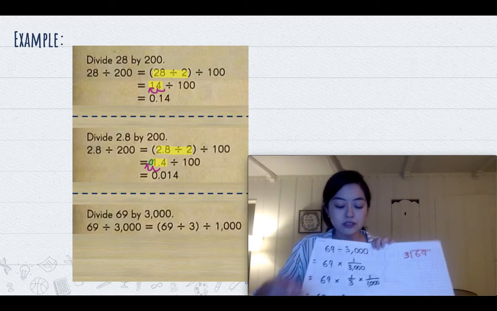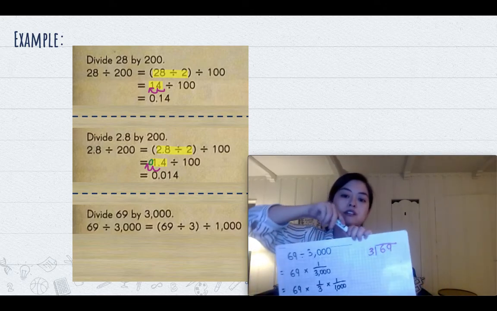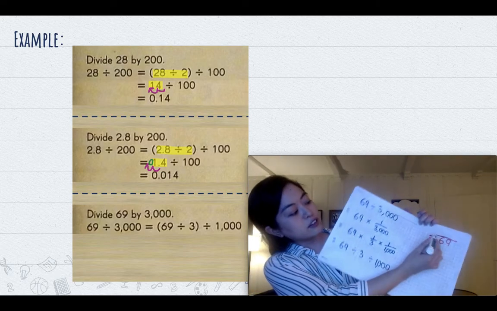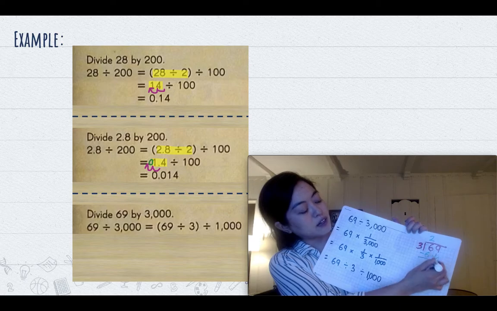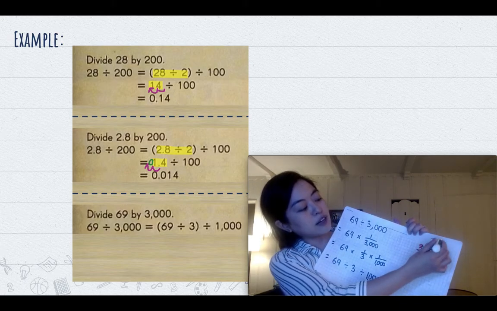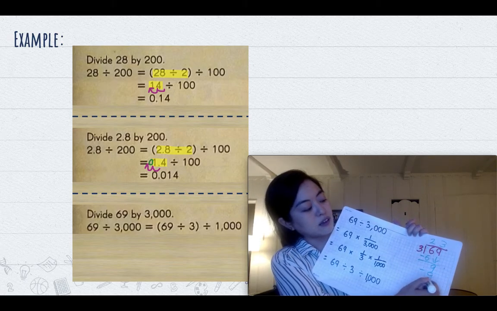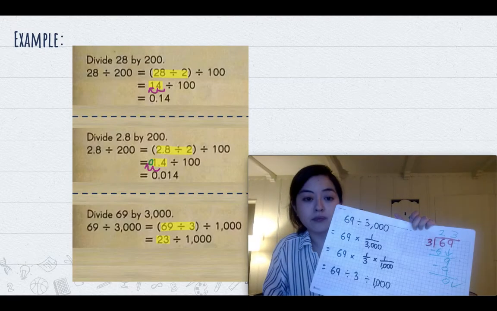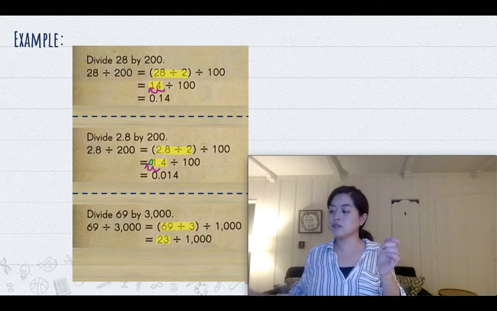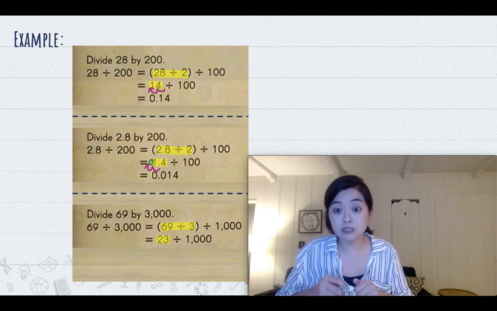Okay, and so let's do 69 divided by 3 here using long division. 3 times what gets you 6, that's 2. Drop the 9. 3 times what gets you 9, that's a 3. And you're done. Okay, so it's 23. So now I have 23 divided by 1,000.